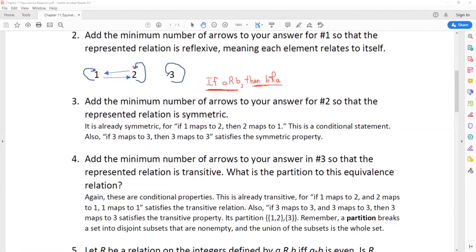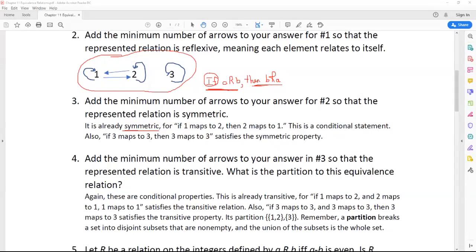So this diagram here already shows a symmetric relationship, because this is a conditional statement, and the conditional statement says if A relates to B, then B relates to A. And since we had 1 mapping to 2 and 2 mapping to 1, that condition was satisfied. Also, notice that 3 maps to 3, so we could say if 3 maps to 3, then 3 maps to 3. So again, the condition is met for those elements.